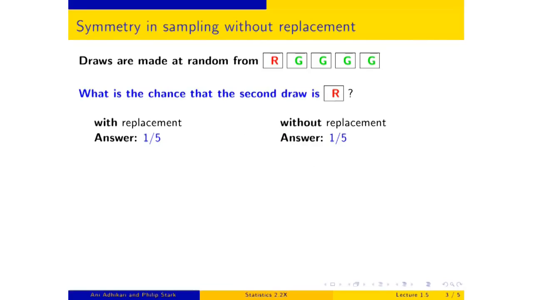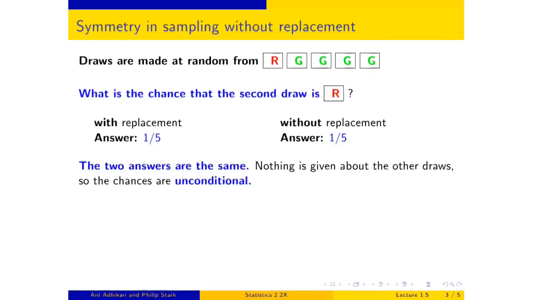And it is important to note the kind of chance that has been asked for. I haven't told you anything about any other card, so what you are being asked for is an unconditional chance. You have no idea of where the other cards have landed up. And that is the key reason why the answers are the same.